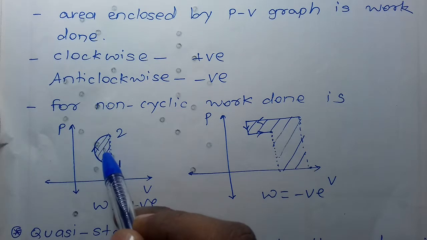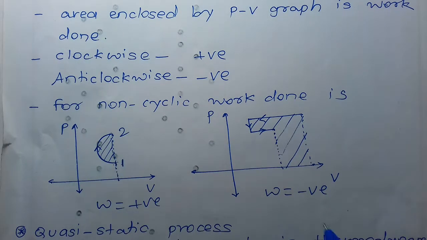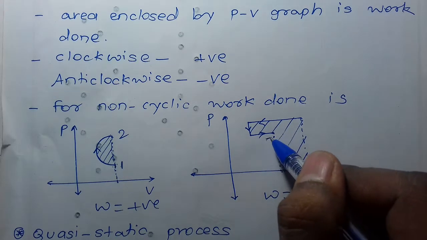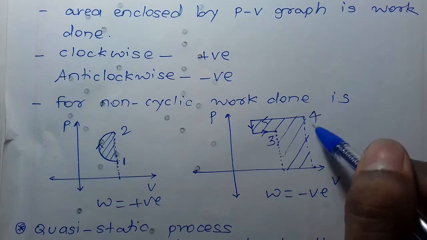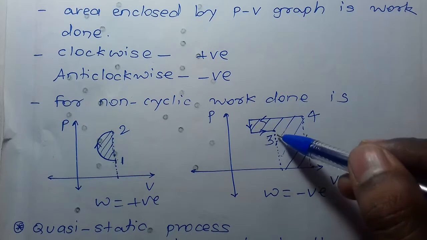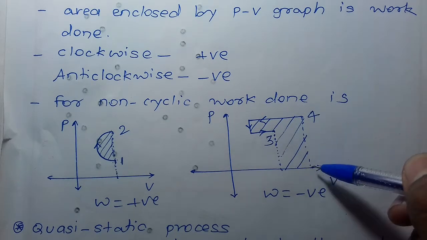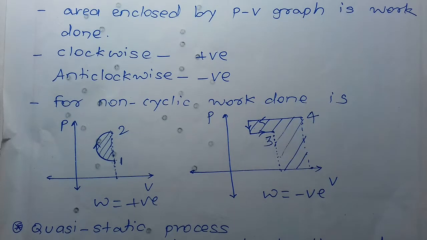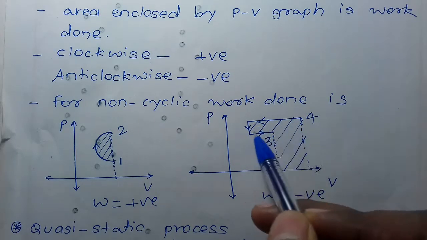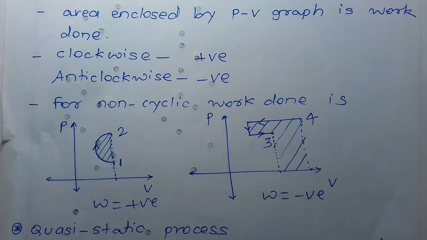This is the enclosed area, that is the work done. If the process goes from point number 3 to point number 4, then we draw vertical lines from those points, and the area enclosed is the work done. Here the process is anti-clockwise, therefore work done is negative.